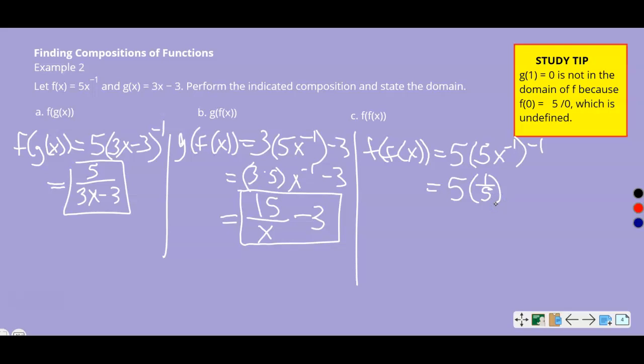And then x to the negative 1, a power to a power, you multiply powers. Negative 1 times negative 1 is just positive 1. So 5 times 1/5 is just 1. 1 times x is just x. So for this one, f of f of x is equal to x. And that's going to be for all real numbers except 0. 0 can't be part of the domain, or it would change the answer here.